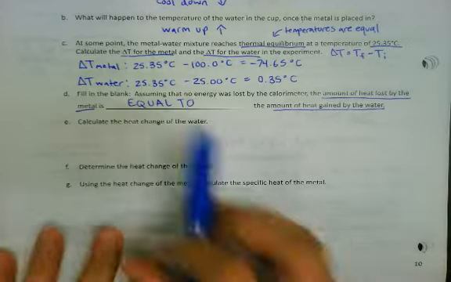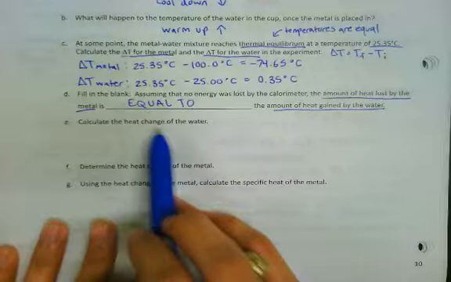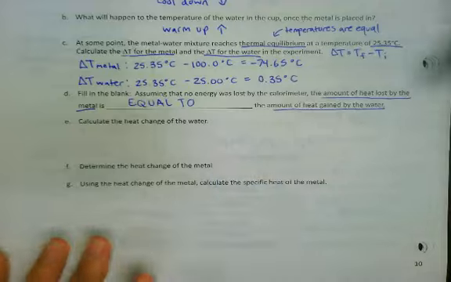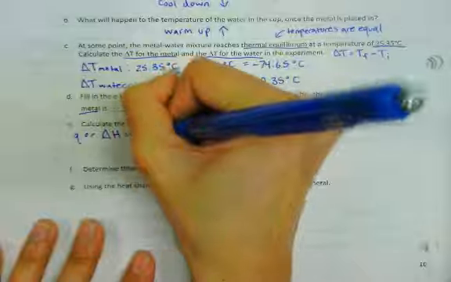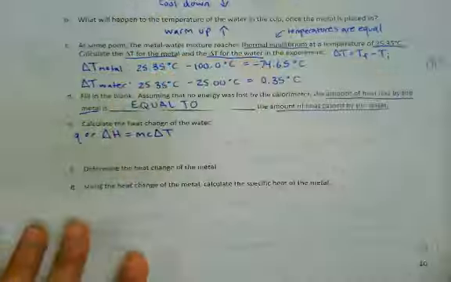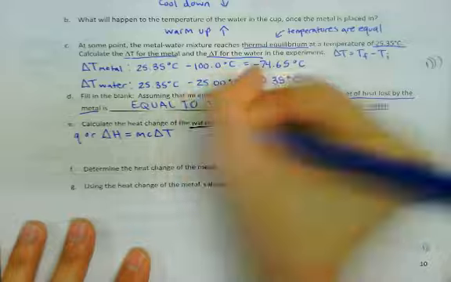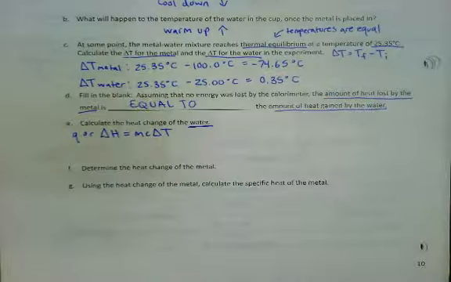So knowing that, we can calculate the heat change of the water as well as the heat change of the metal. So calculating the heat change of the water, using our equation of Q or delta H equals MC delta T, we can calculate specifically the heat change of the water.